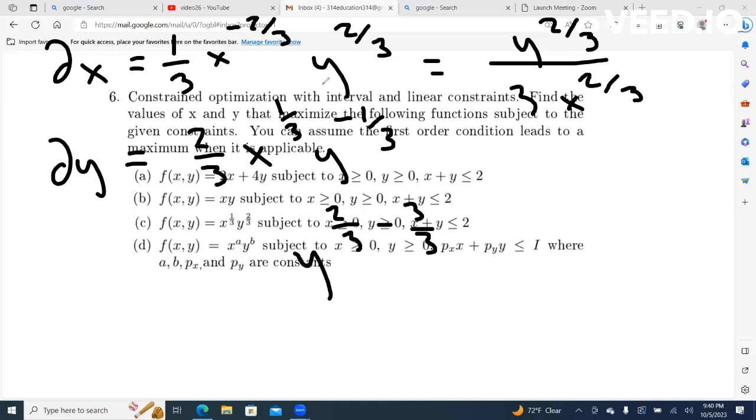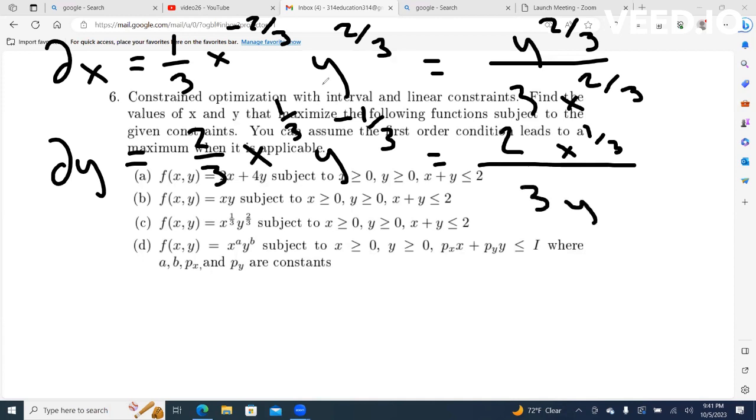We don't show this work, it will become y to the negative 1/3, but we're skipping algebra under the assumption that we all know the basic algebra. So this is 2 x to the 1/3 divided by 3 y to the 1/3. In the end, these things turned out nice and neat.